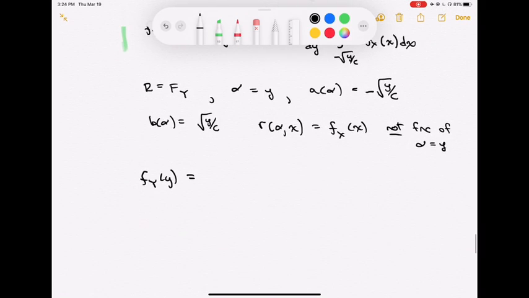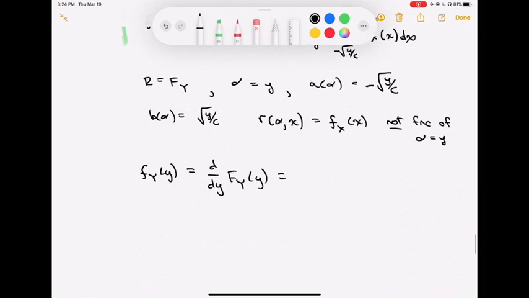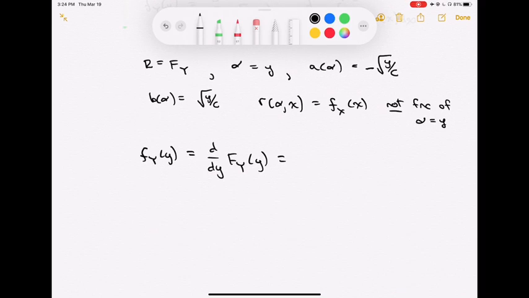So if I go ahead and do that, I know that we were looking for d dy of F_Y(y), and Leibniz says we can get three terms there. We know one of those is 0, and I just plug in the above parameters and use Leibniz's result, and I get a minus f sub x of minus root y by c.